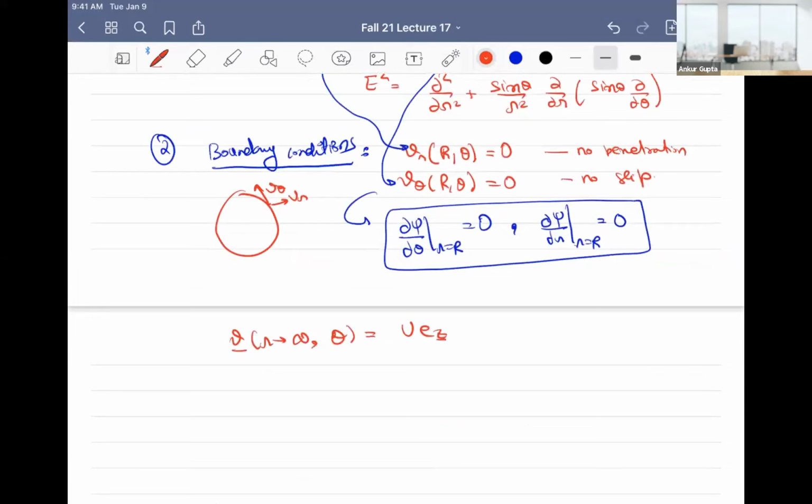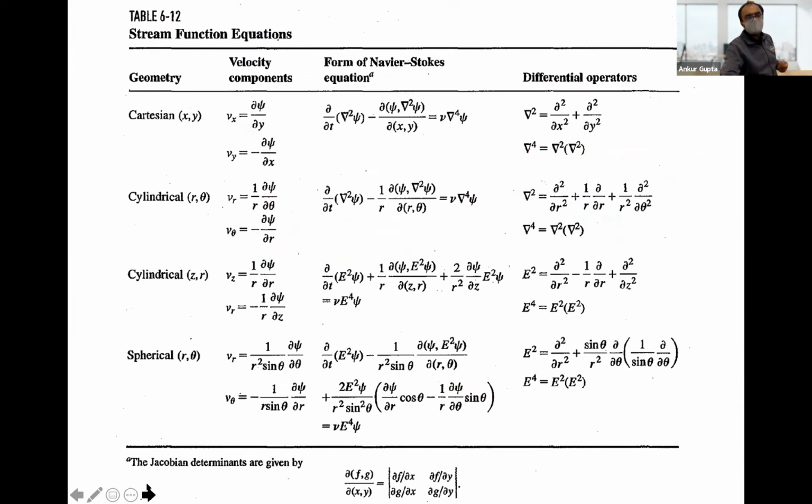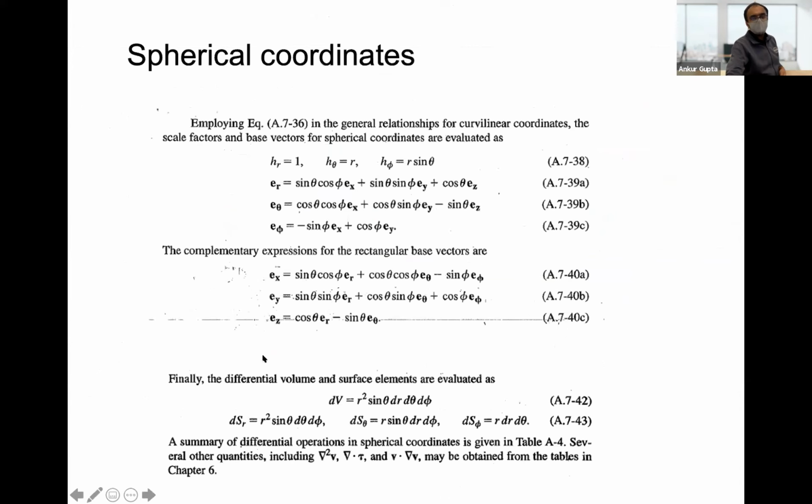So how will I get V_r and V theta from this? Anybody has thoughts? I have been only given a z component. So how do I go from there to r and theta? Shift the coordinates from Cartesian to spherical. That's one idea, exactly that. So you shift the coordinates, but you can basically look into the table here, right?